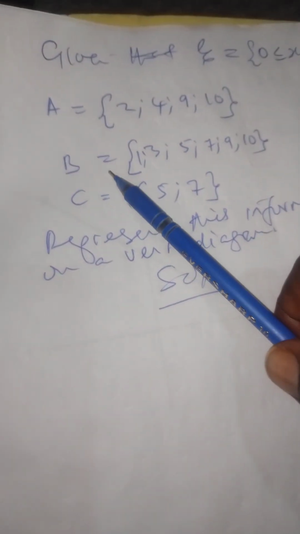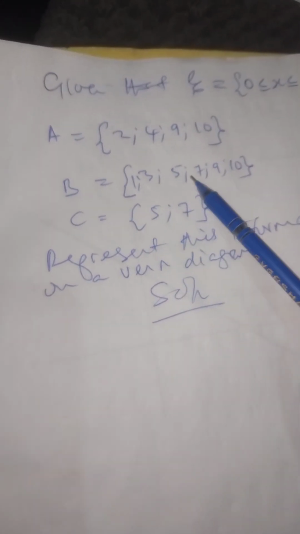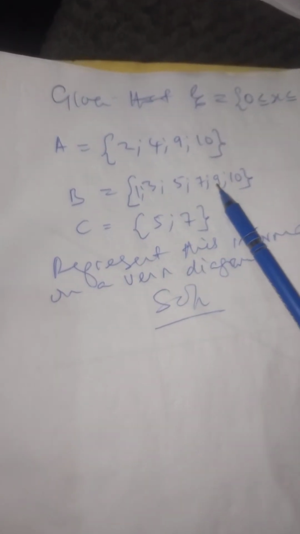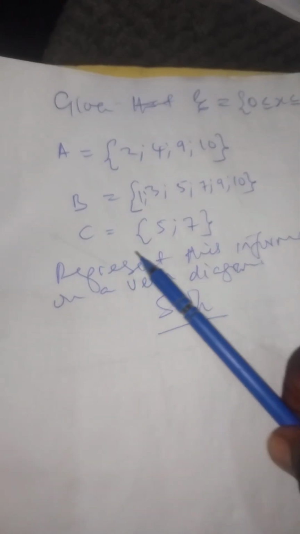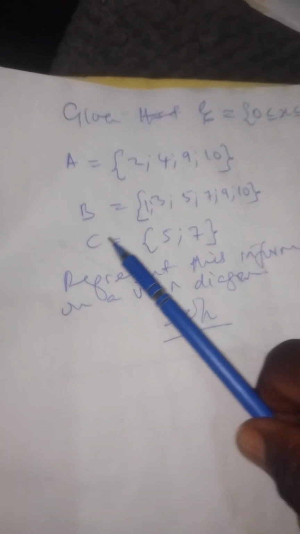But 5 is in B, 7 in B. 5 is inside set C. All elements in C are inside B. Can you see? Which means C is a subset of B. C is inside B. Is it fine? So now we are going to have a situation like this.